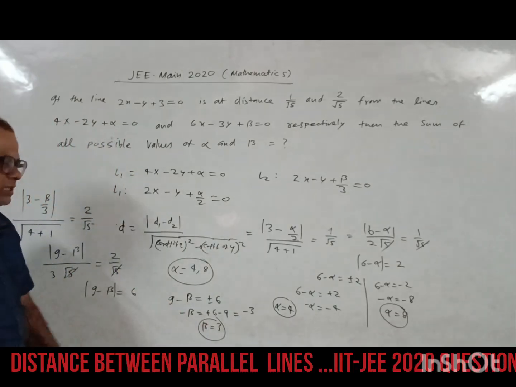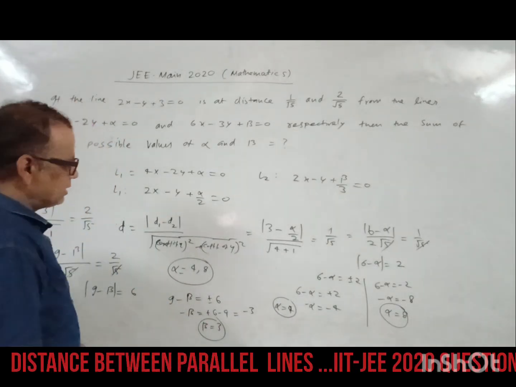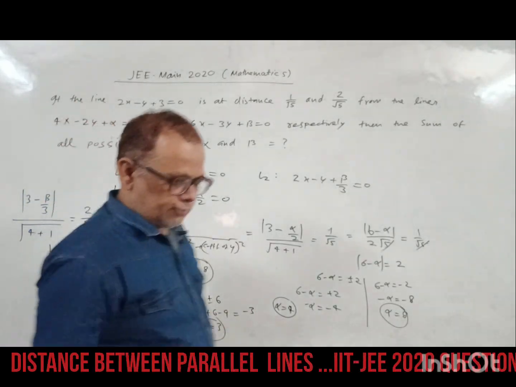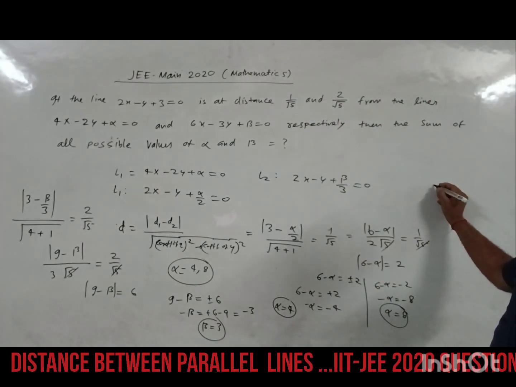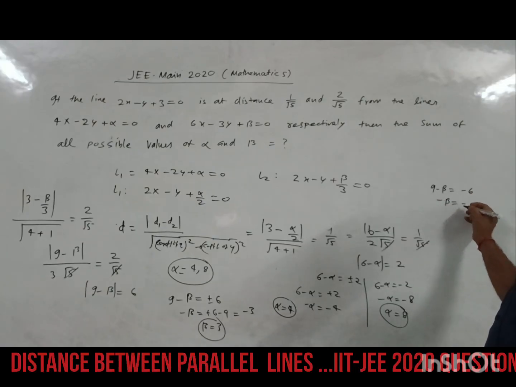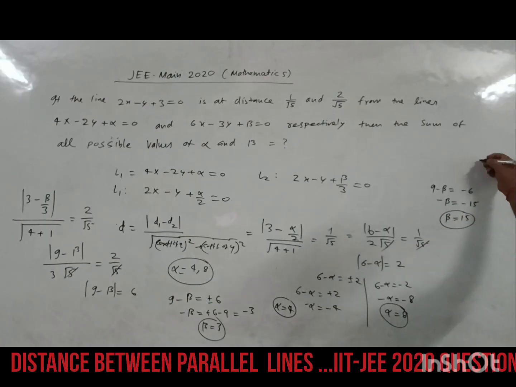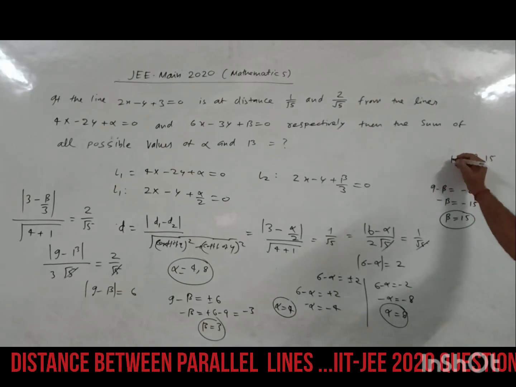Now take the minus sign: 9 minus beta is equal to minus 6, so minus beta is equal to minus 15, so beta is equal to plus 15. So the possible values of beta are 3 and 15.